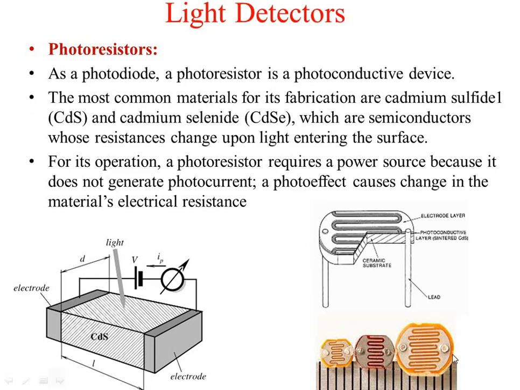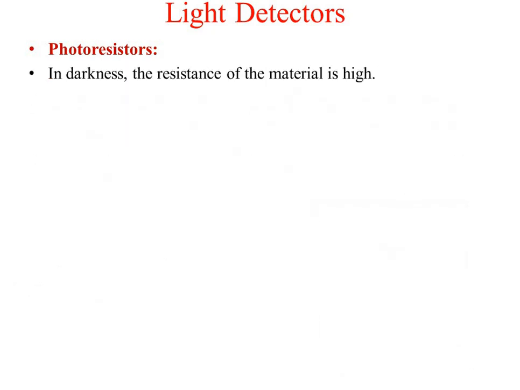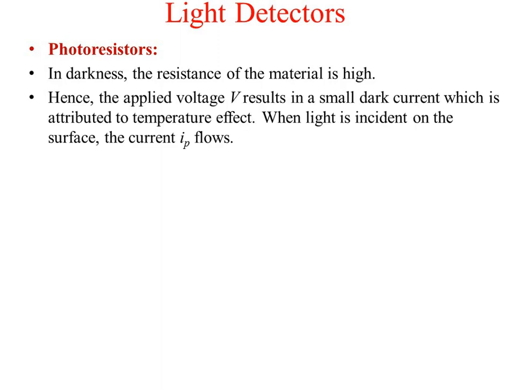They can be used for measurement of light, and you can see the serpentine structure, made up of a photoconductive material which will change its resistance. In darkness the resistance of the material is very high, in the range of megaohms. So when voltage is applied, a very small dark current flows, which is attributed to the temperature effect. When light is incident, the current IP will flow.